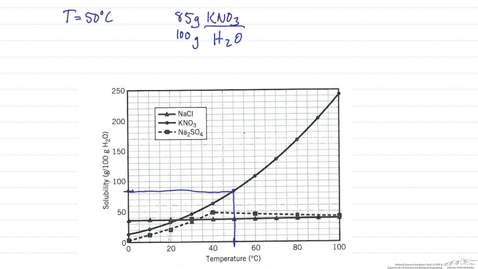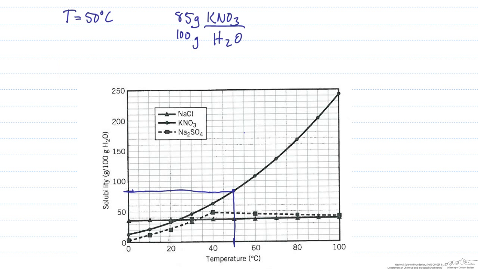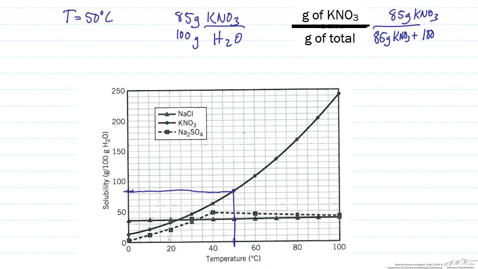And it's important to remember when using these charts that this is a ratio of how much salt is dissolved in the liquid, not a mass percent. So there's not 85% KNO3. So to figure out what the mass percent of KNO3 is in the liquid, we would need to use another equation and say that x_KNO3 equals 85 grams divided by 85 grams of KNO3 plus 100 grams of water.